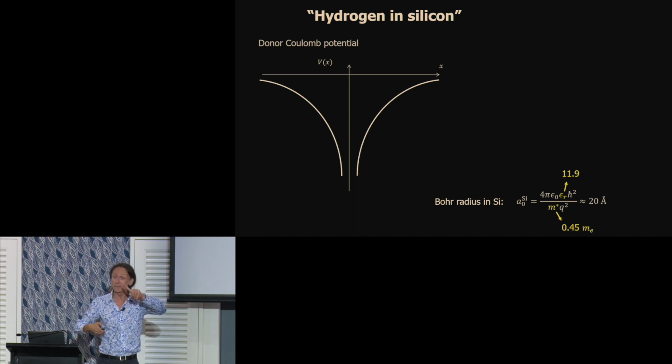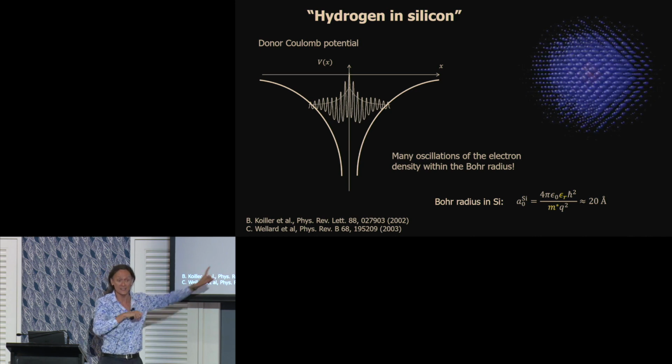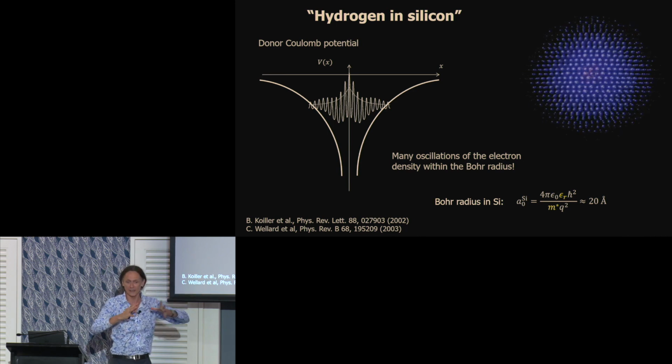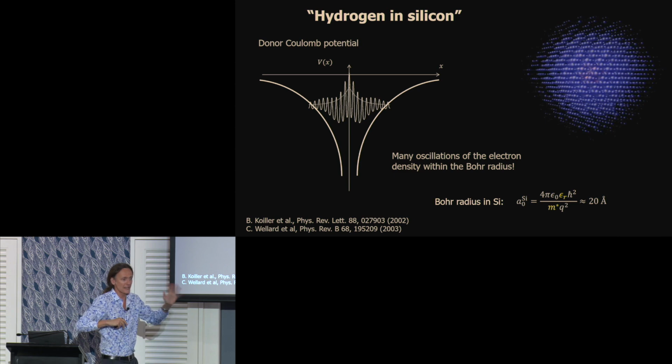But not only that, because remember, we have the valleys. So this electron wave function has to be composed from the 6 conduction band minima of silicon. So in addition to being a bigger Bohr radius, it will also have oscillations like this. That's what the 1s orbital wave function of phosphorus in silicon looks like. It's big, and it's got these tiny oscillations, essentially at the atomic scale.